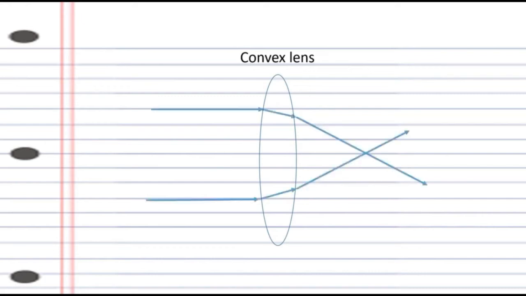Look at the previous diagram. This is what actually happens. Air to glass, it bends once, and from glass to air again it bends. But it is understood, and that is why it is allowed to draw this way.